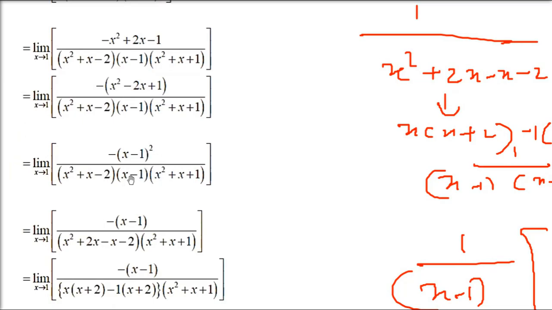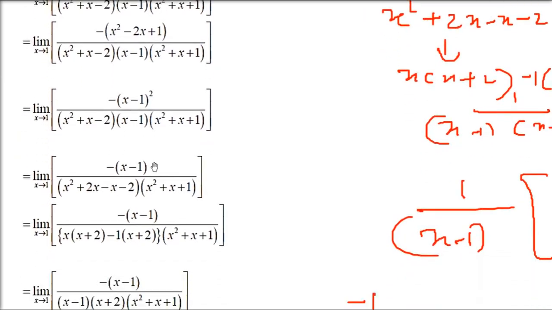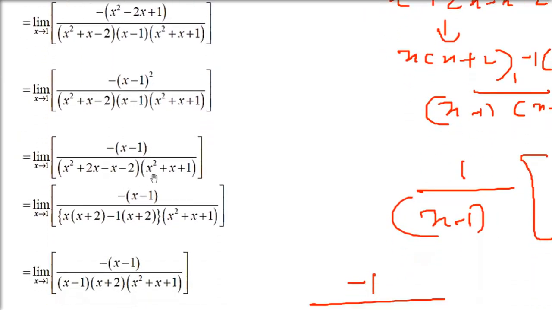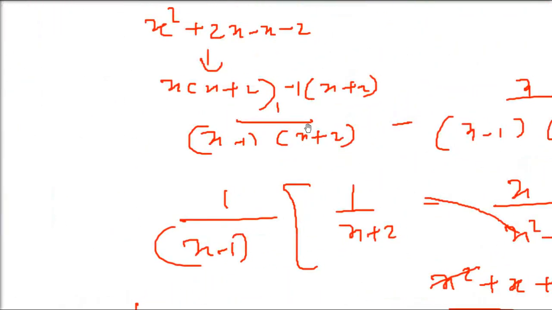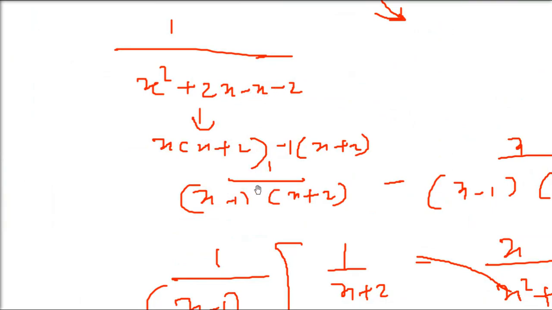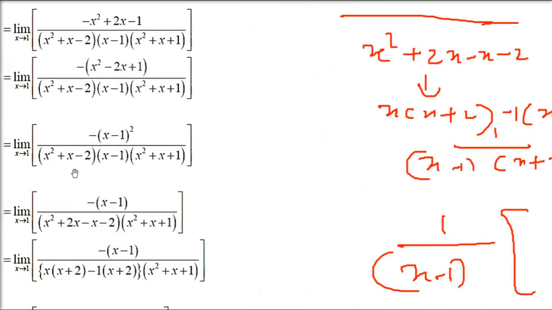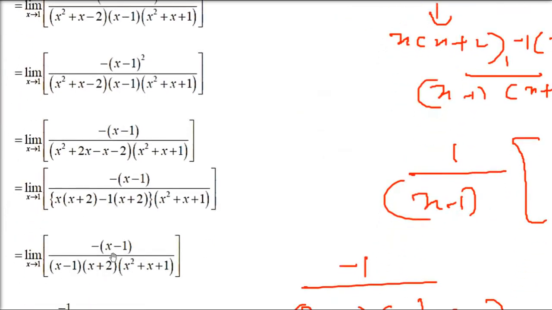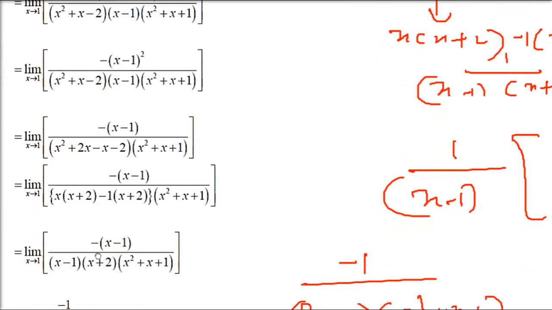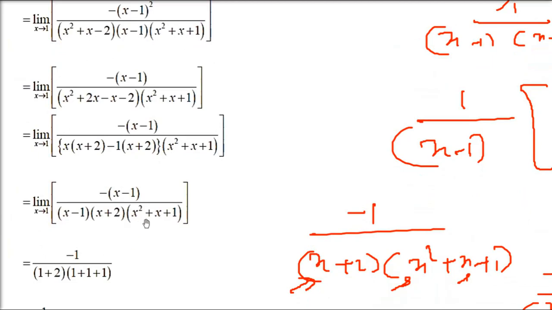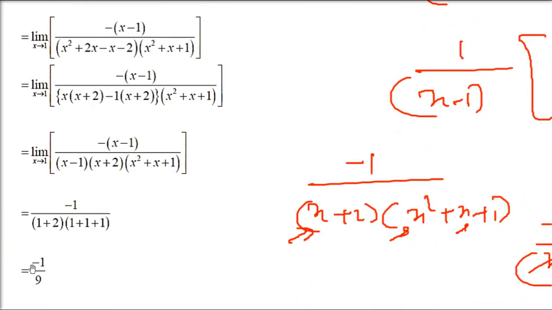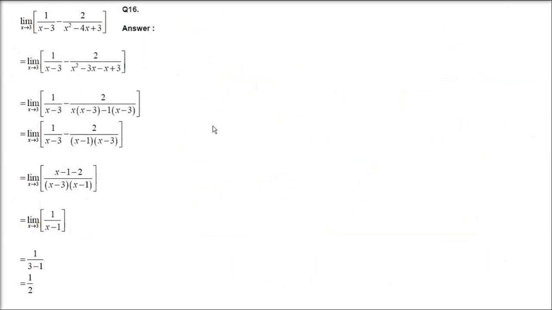So now x minus 1 whole square you have, x minus 1 gets cancelled, then again you make the factor of x square plus x minus 2 as I did when I was solving it. So we are factoring it, and then again you are going to get this x minus 1 in the denominator. So you cancel it, minus 1 by x plus 2, x square plus x plus 1. Now put x as 1 and minus 1 by 9. In both the cases you are going to get the same answer.